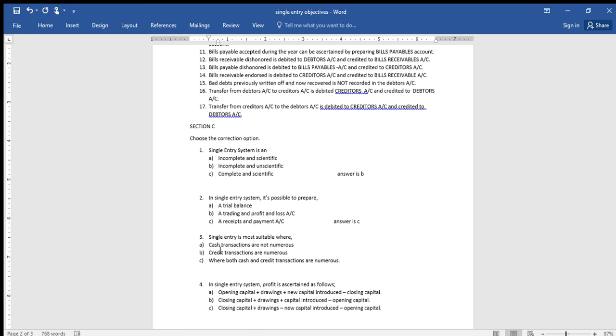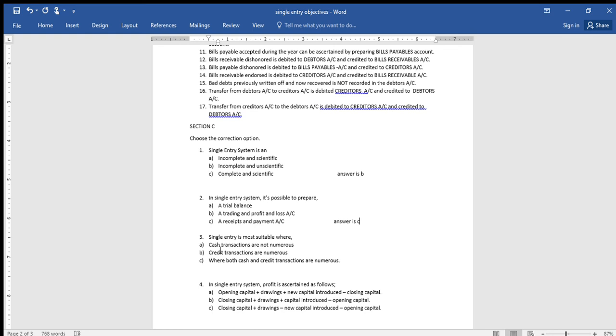Option C, where both cash and credit transactions are numerous. The answer to question 3 is A, where cash transactions are not numerous.